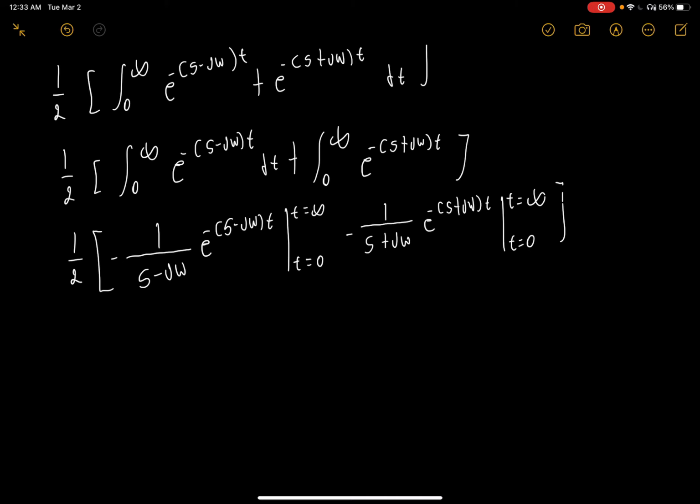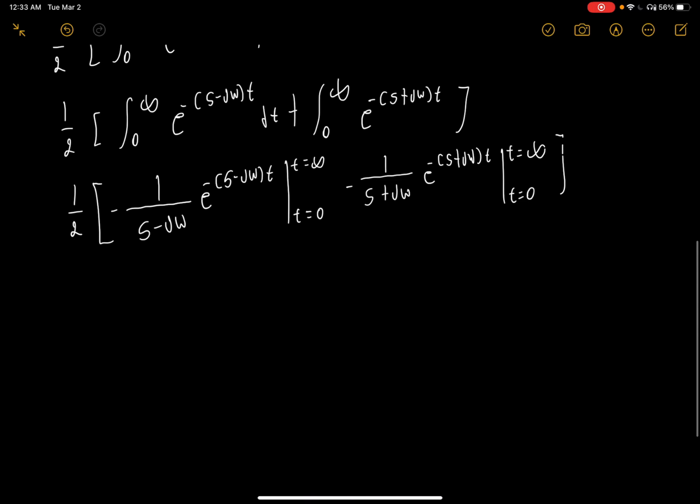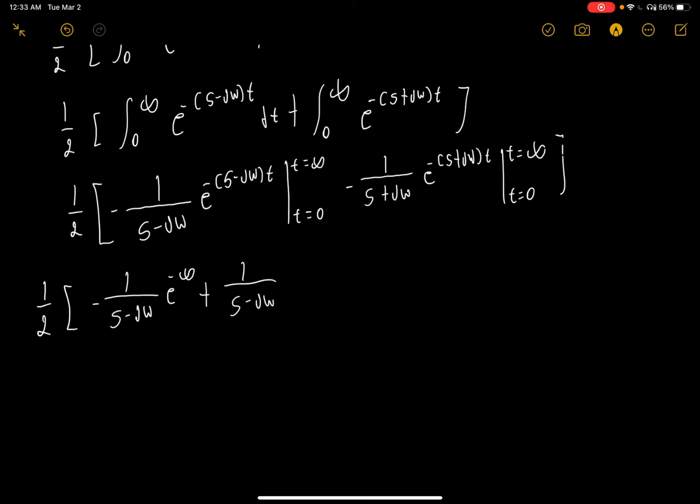So now all we have to do is evaluate our limits. Again, I'll rewrite this 1/2. Fundamental theorem of calculus: 1 over s minus j omega, and this is going to be e to the negative infinity, minus minus, that equals a positive 1 over s minus j omega e to the 0.